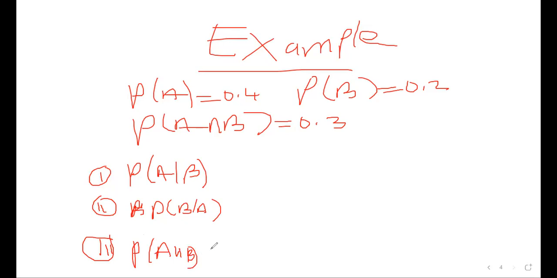So what is the first answer on the first one? Probability of A given B. Who can tell me what you're going to do? What's the formula for the first one?